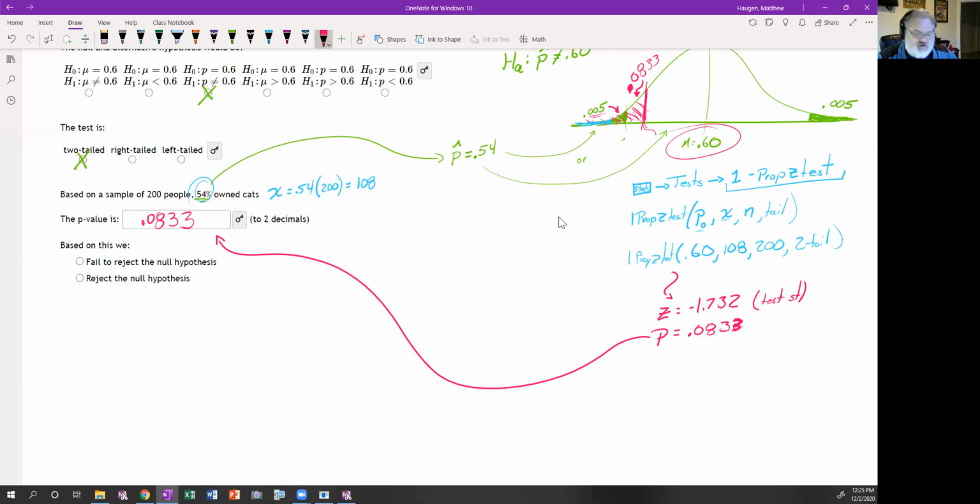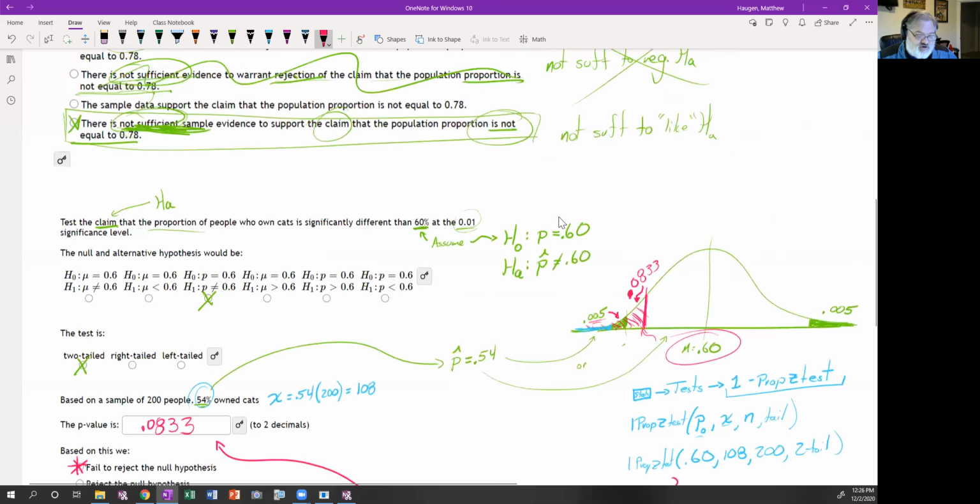Fair? So is that enough evidence to reject that 0.6? No, it's not even close. That seem reasonable?